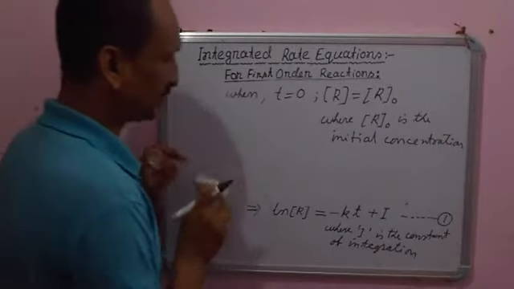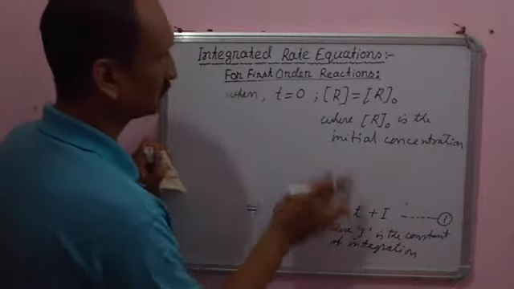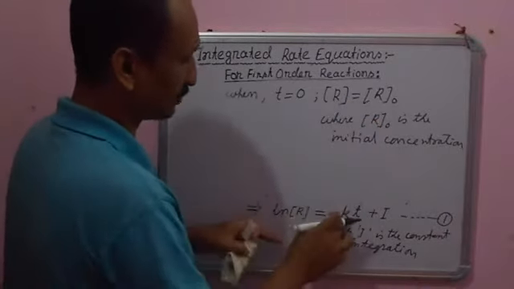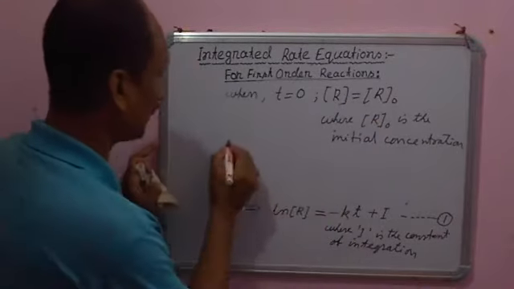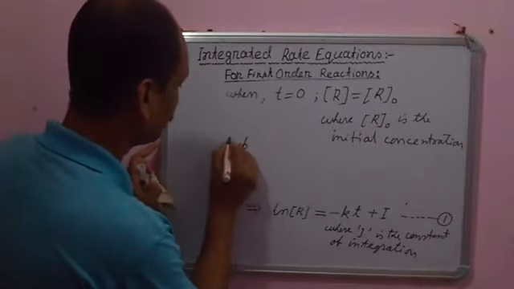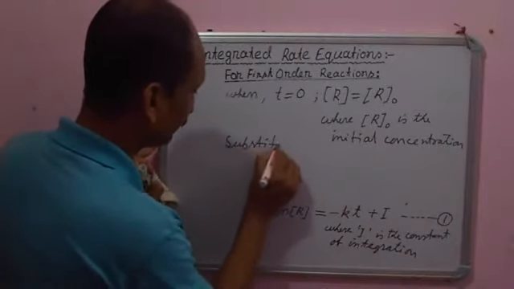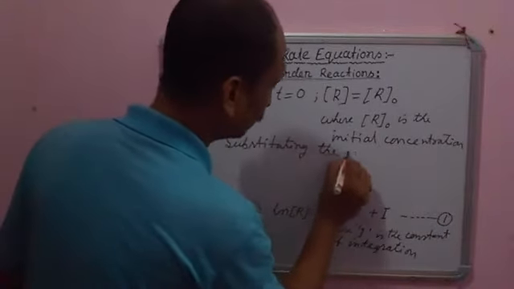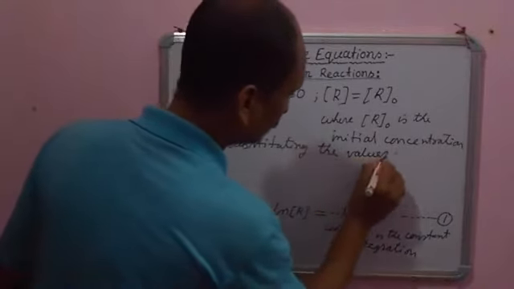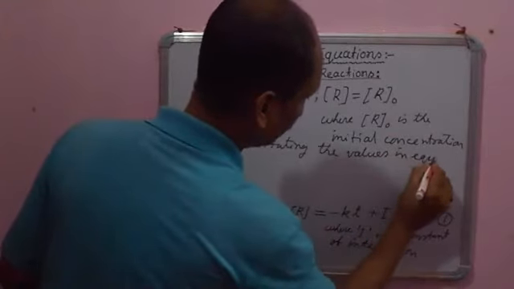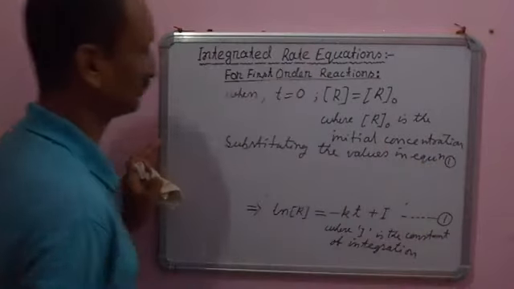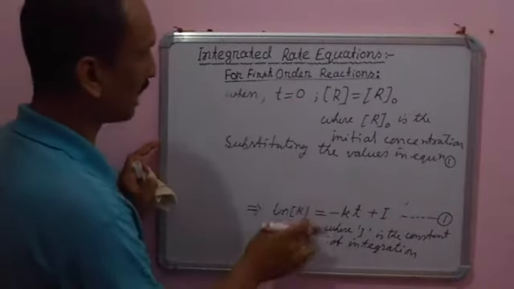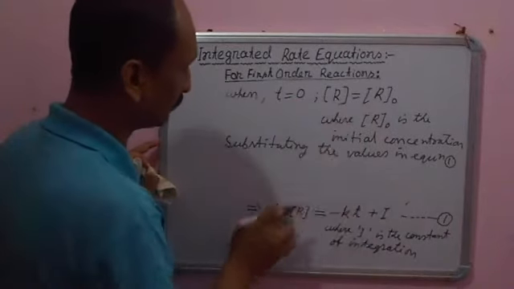Now substituting this value in equation 1. If you substitute the value in equation 1, that means t equal to 0, then R equals R naught.